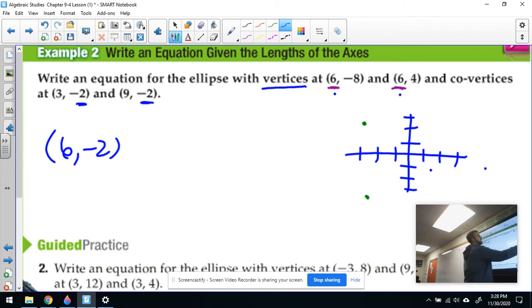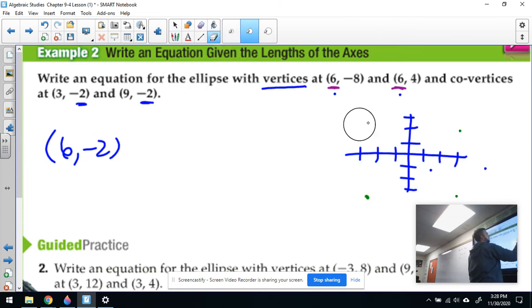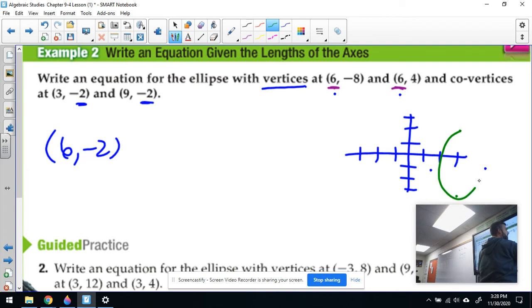You'll notice this is going to go kind of like this. It's for sure a vertical ellipse, centered at 6, -2. The x-coordinate of the center is 6 and the y-coordinate is -2, so we know our center for sure is there.